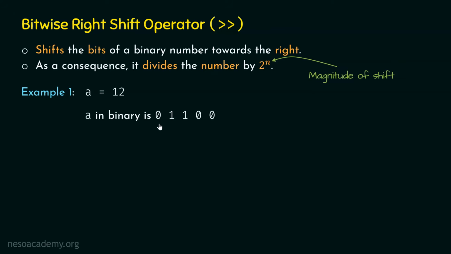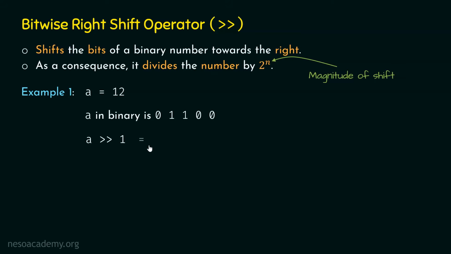Now let's perform the bitwise right shift operation on this binary number. For this, let's write A right shift 1. Here 1 represents the magnitude of shift and A is the operand, and this right shift operator is saying that shift all the bits of A 1 step towards right. So here we need to shift all these bits 1 step towards right.